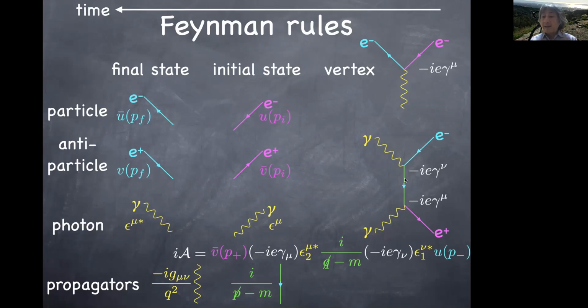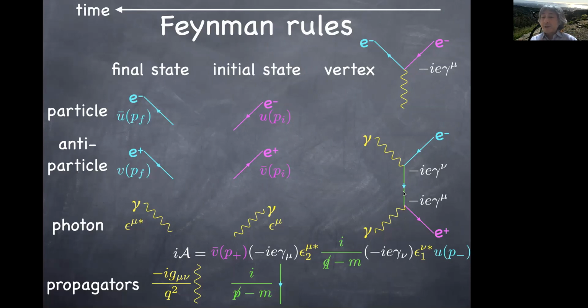So I cannot label this line as an electron or positron, because the answer is, well, it depends. Depending on which time ordering it is, this line may be an electron, or this line may be a positron. But the beauty of the Feynman diagram is that you don't have to worry about it. This is just the internal line. You associate this propagator, and you just keep drawing these arrows consistently. You don't need to ask the question, is this an electron or a positron? It's both, one or the other, but it doesn't matter.